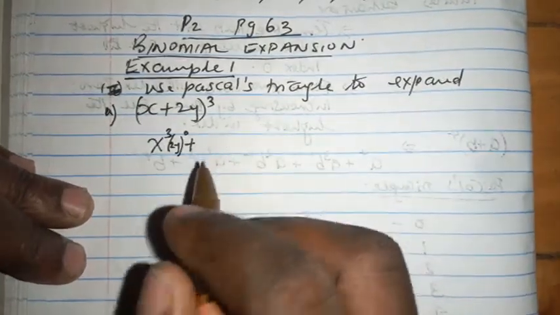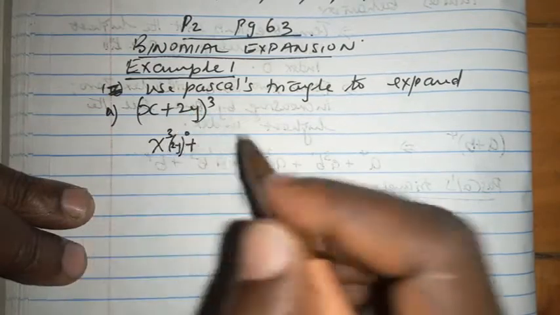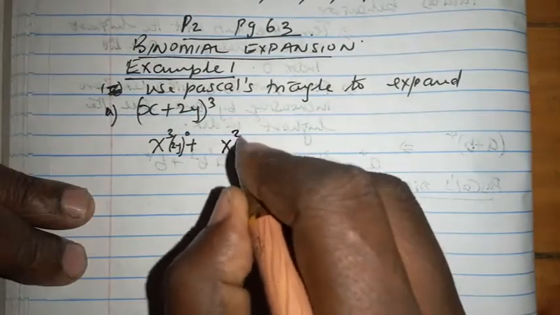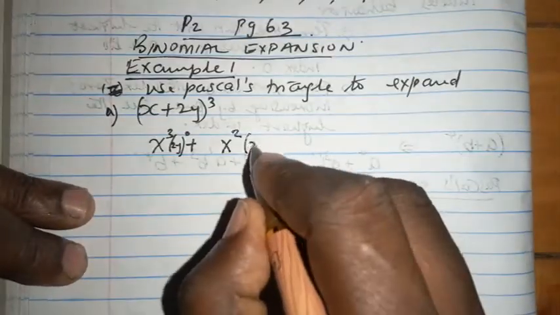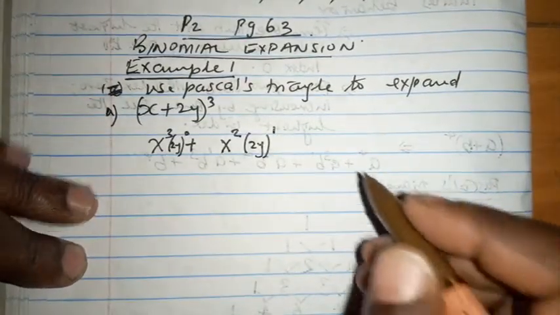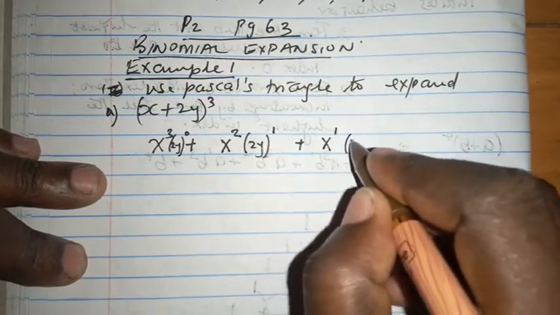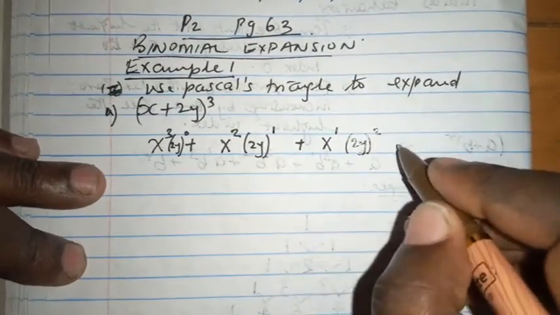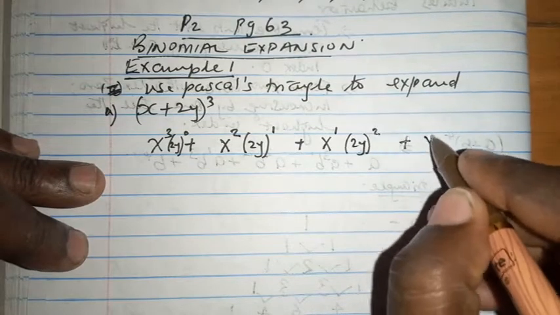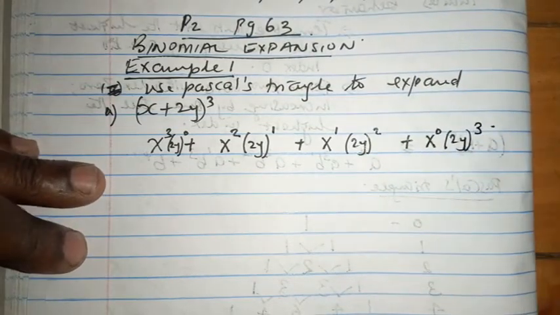So the second term: the first term reduces power by 1, so x squared, but now the second term increases index by 1, so x to power 1, 2y to power 2, and finally x to power 0, 2y to power 3.